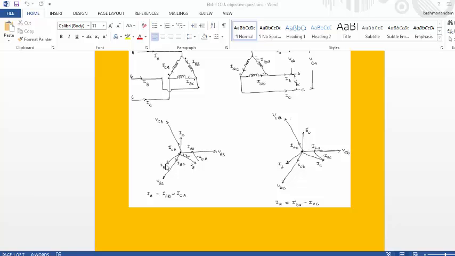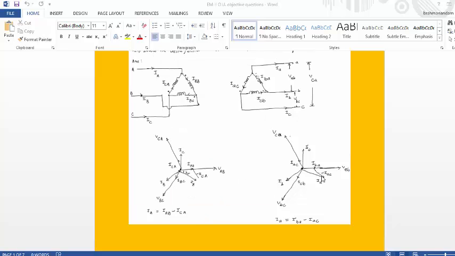Similarly IB we get, similarly IC also we get. In all these cases we assume that voltages or vectors are rotating in the anti-clockwise direction. So the currents, line currents, are lagging the respective line voltages like this, IA, IB and IC.